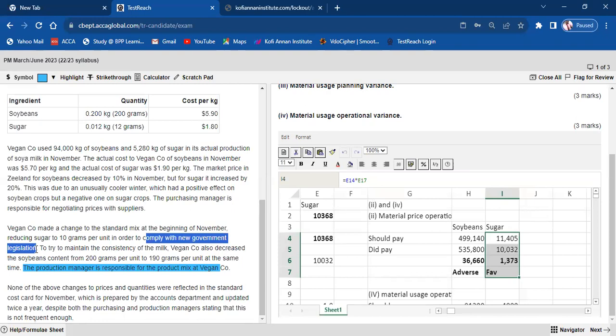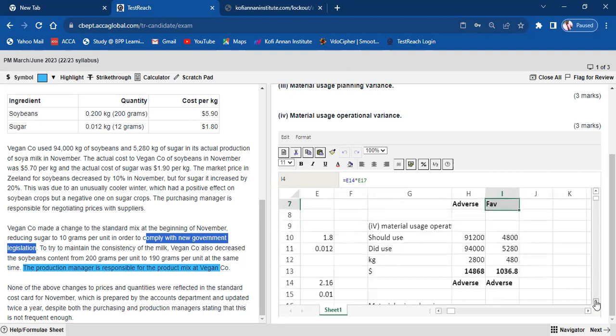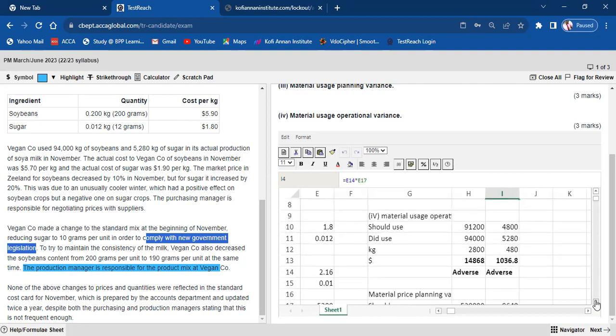That cannot be attributed to the production manager. However, the material usage operational variances for both ingredients were adverse, a sign of poor performance.